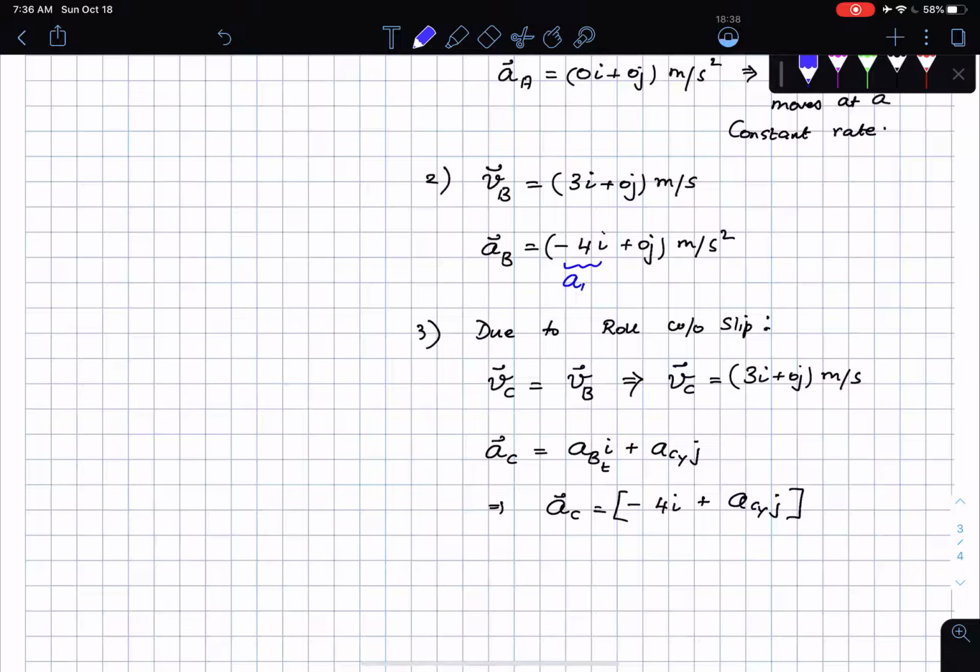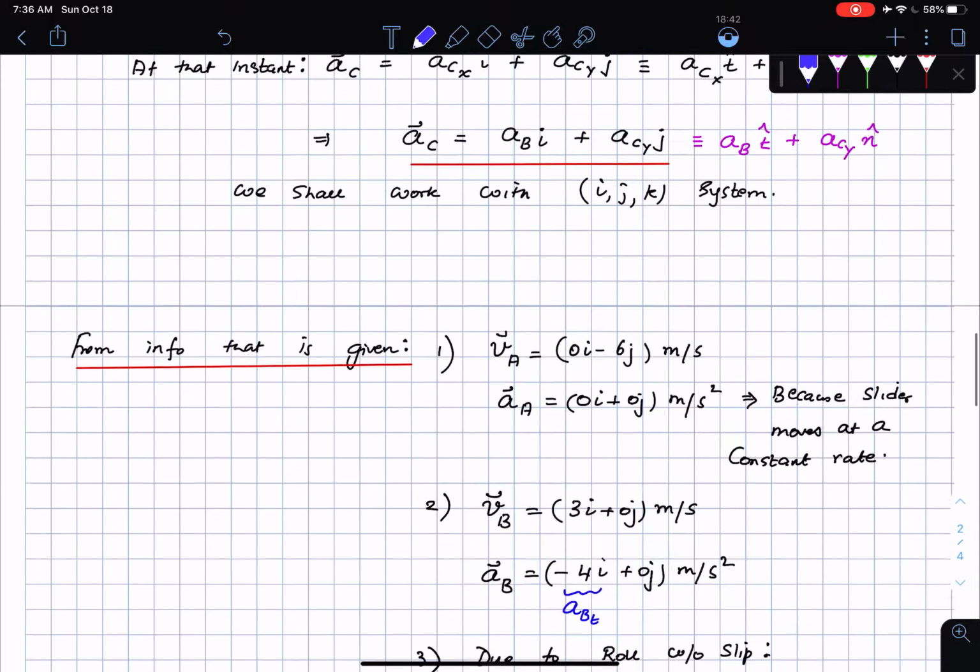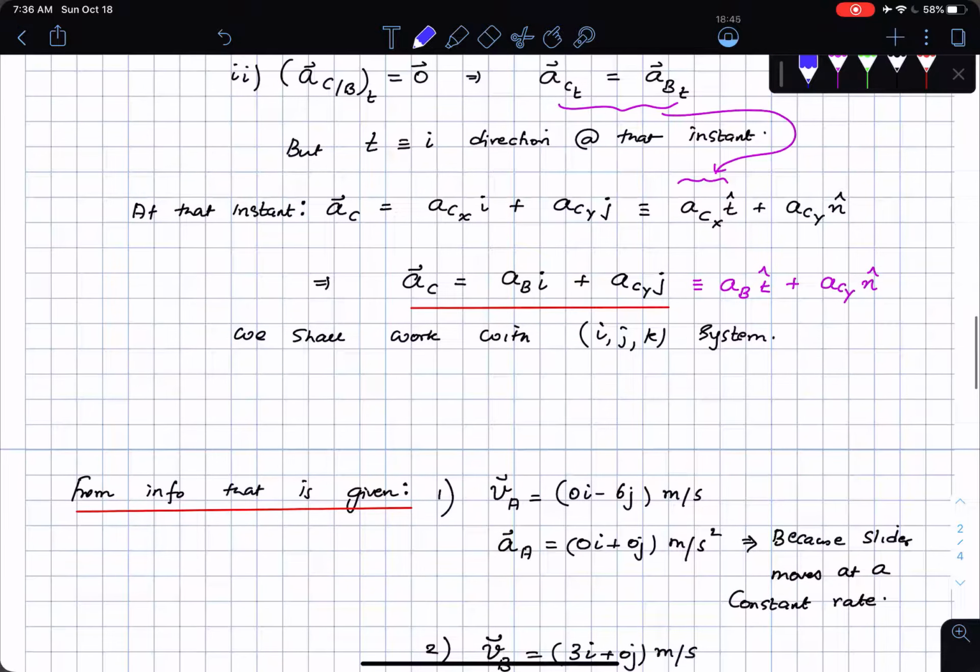This is the acceleration of B in the tangential direction. Maybe you can do the same thing here too. You can say that this is acceleration of B in the tangential direction. That's the proper way to do it, if you want to be really strict and rigorous about it.